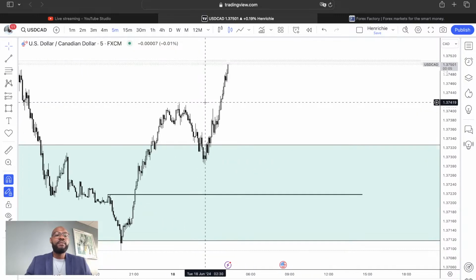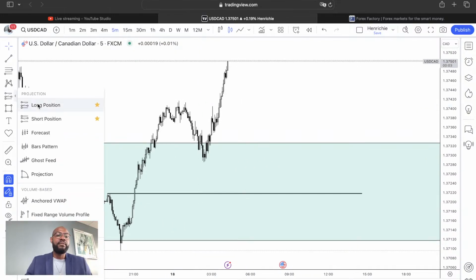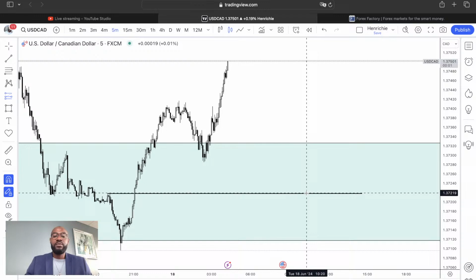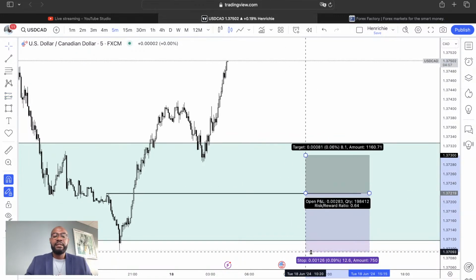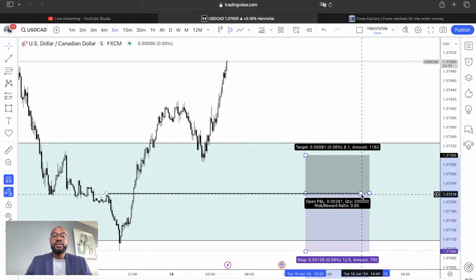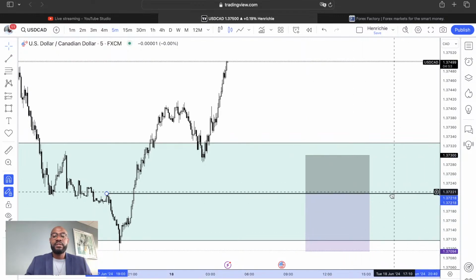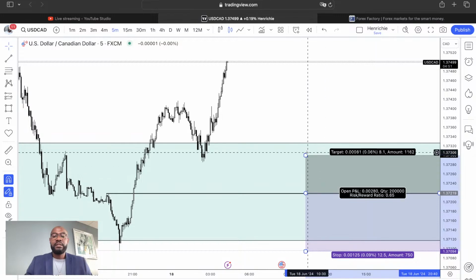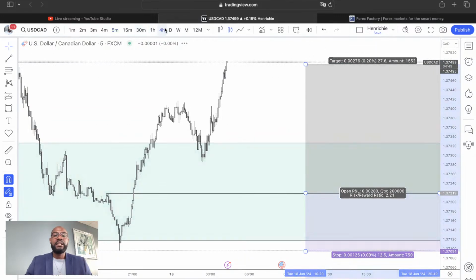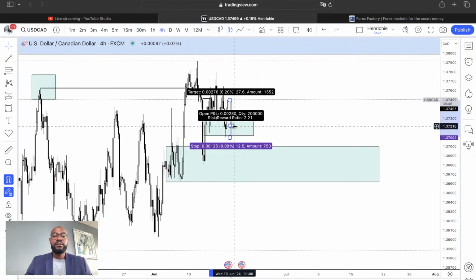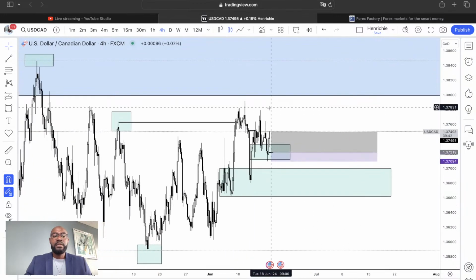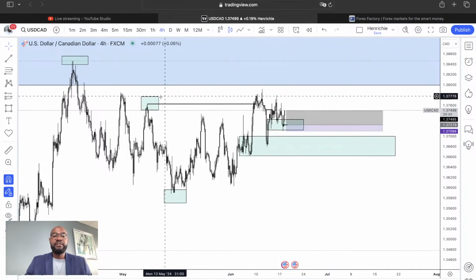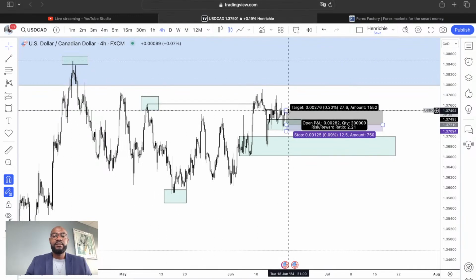So personally, for me, if I was to look for a trade setup for USD CAD, it would be a buy, and this would be the entry, stop loss, and the take profit. Take profit, I'll be targeting for price to run this highs eventually.